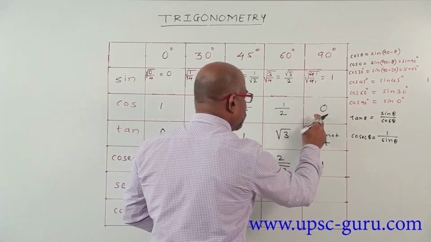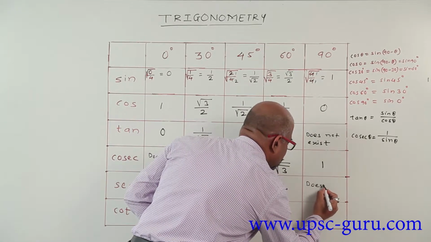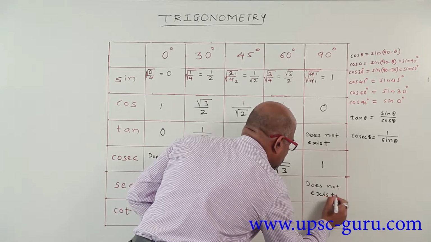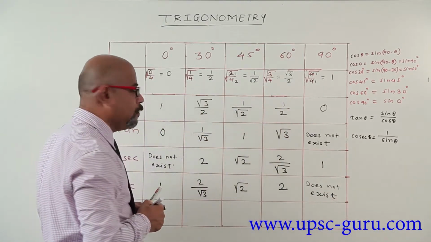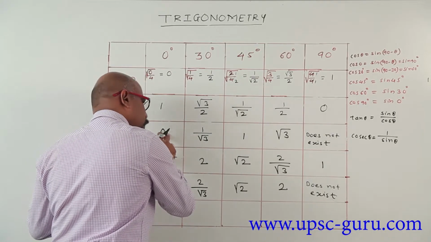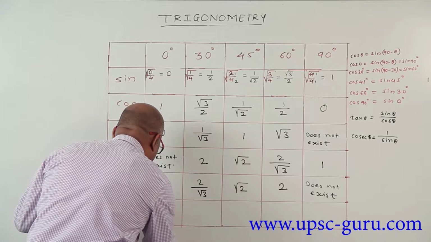And reciprocal of 0, again 1 by 0, does not exist. Now let us go for cot theta. Cot is the reciprocal of tan. Reciprocal of 0 does not exist, that is 1 by 0. Here we write does not exist.